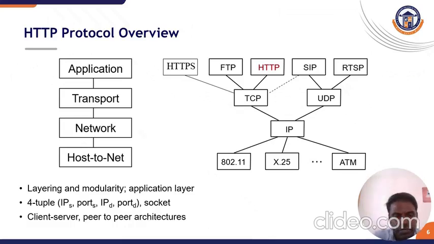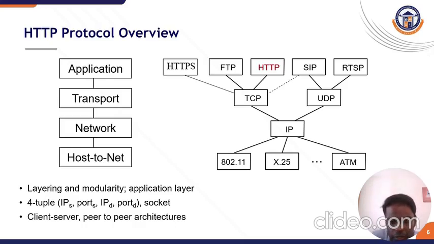Next we are going to see the HTTP protocol overview. Hypertext Transfer Protocol mainly works with the application, transport, network and host-to-net layers. Layering and modularity of the application layer: it is a 4-tuple of source IP, source port number, destination IP, and destination port, forming a socket. Client-server and peer-to-peer architectures are formed with HTTP.